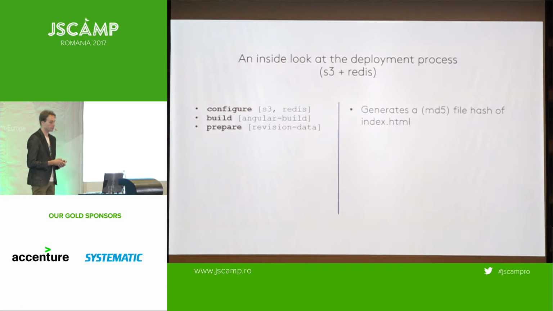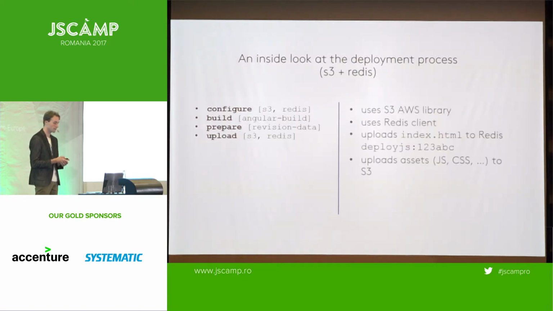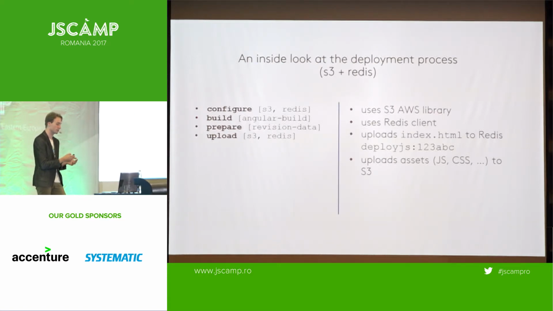In the prepare hook, it would compose an MD5 hash of the index.html, which is then a unique revision hash to point to this specific version that you're uploading. And in the upload hook, it uses the S3 and the Redis S3 library and the Redis client to upload index.html to Redis to the specific revision hash, in this case 123 ABC, and it uploads all the fingerprinted assets to S3.